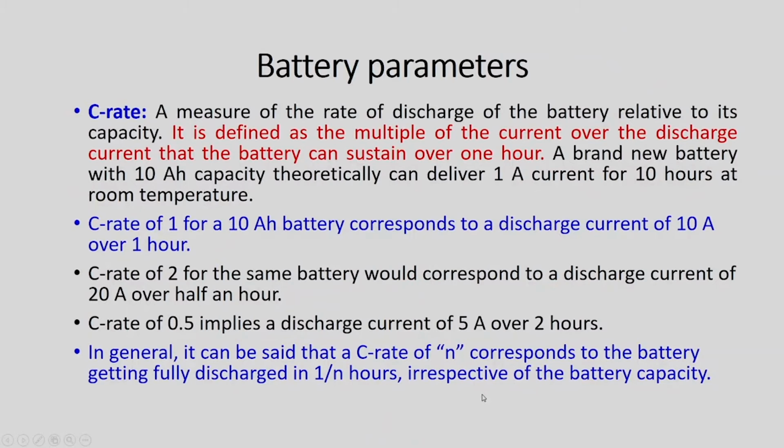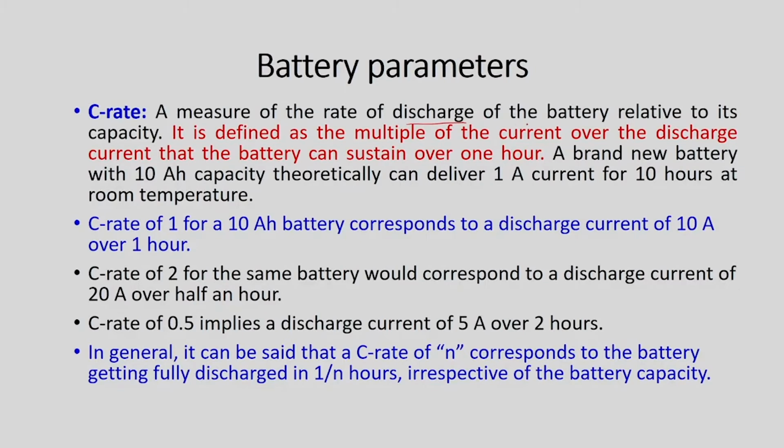Now, one more very important parameter called C rate. This C rate is a measure of the rate of discharge of the battery relative to its capacity. It is also defined as the multiple of the discharge current that the battery can sustain over 1 hour.